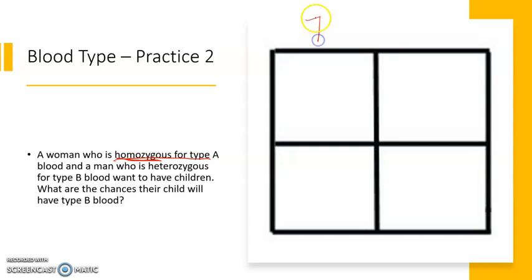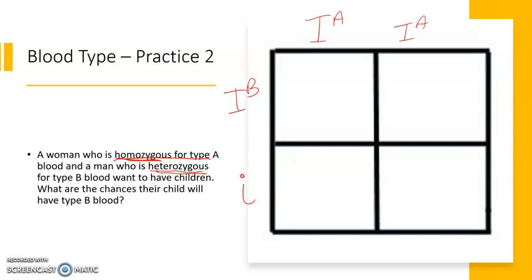But we do know this person is homozygous for type A. So that's I^A I^A, and then heterozygous means the man will be I^B and then little i, right? So that's the recessive allele that pops in, makes it heterozygous.